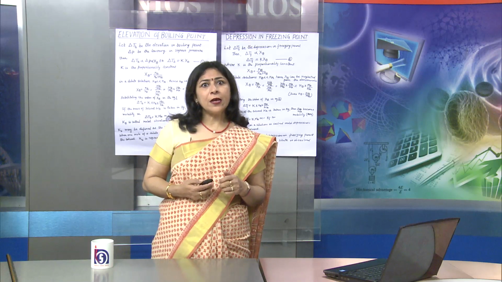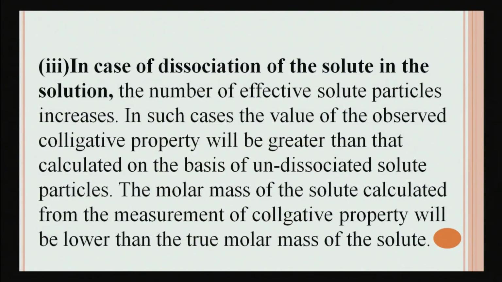Now, the third is, in case of dissociation of the solute in solution, the number of effective solute particles increases. In such cases, the value of the observed colligative property will be greater than that calculated on the basis of undissociated solute particles.